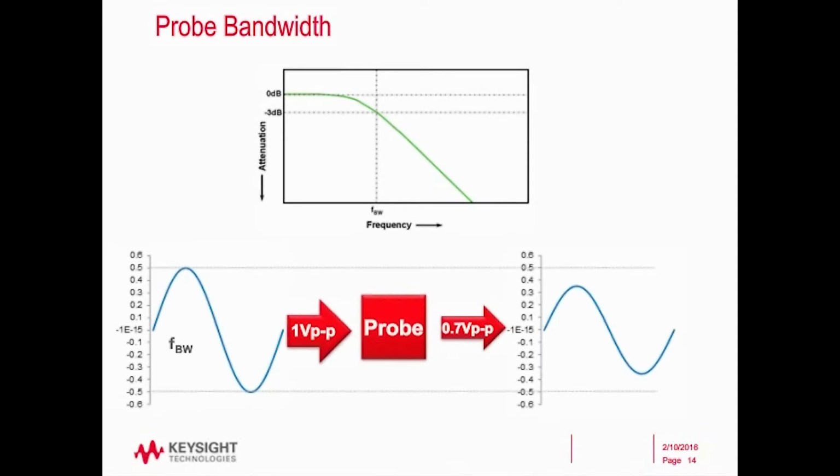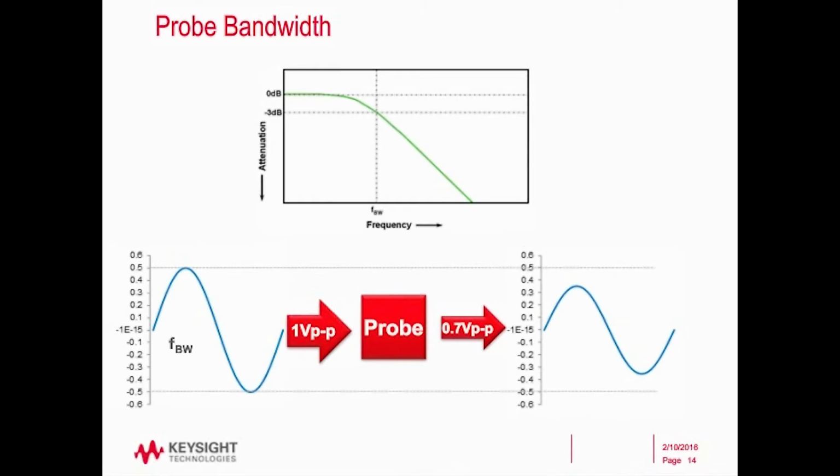Consider this: if I had a 1-to-1 passive probe or 1-to-1 active probe, the transfer function for the probe is 1 then. The output would equal the same as the input. So if I took a low frequency sine wave that was 1 volt, and I measured it with my probe, the probe would output 1 volt.